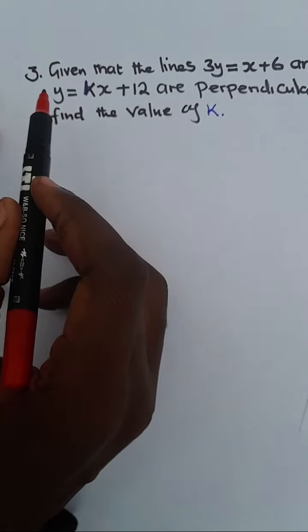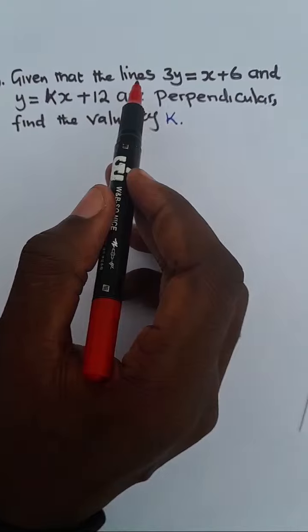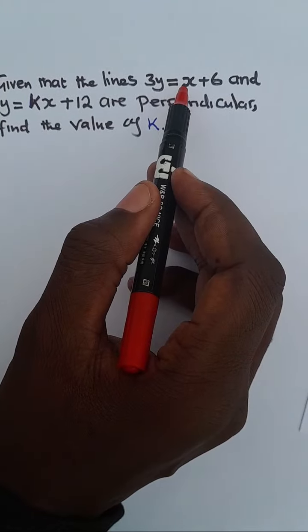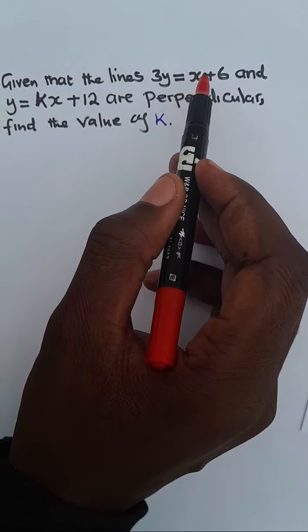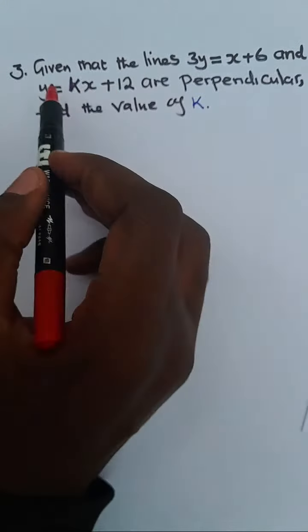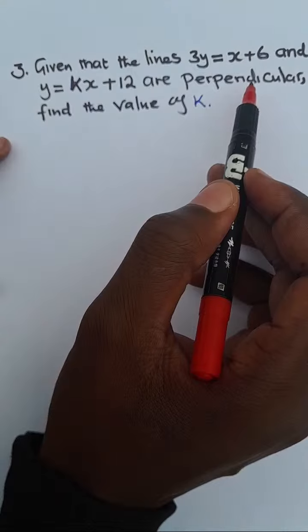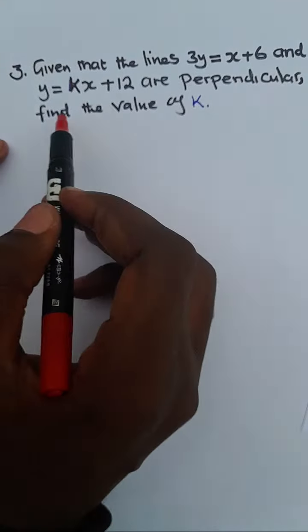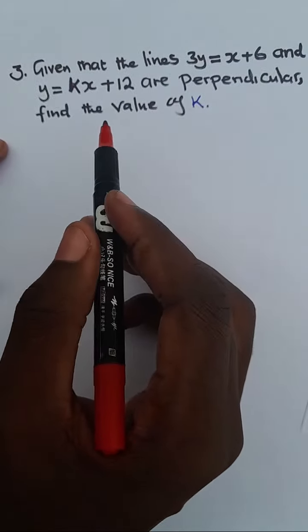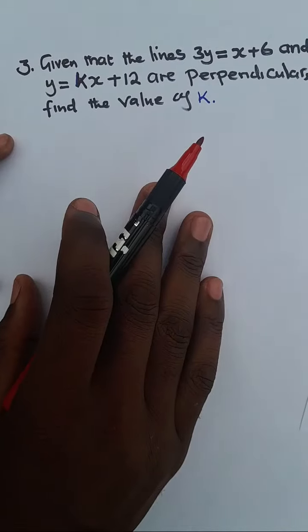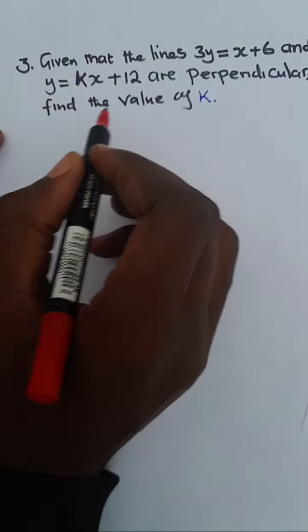All right. Number 3 says, given that the lines 3y is equal to x plus 6 and y is equal to kx plus 12 are perpendicular, find the value of k. So we have been given two lines.